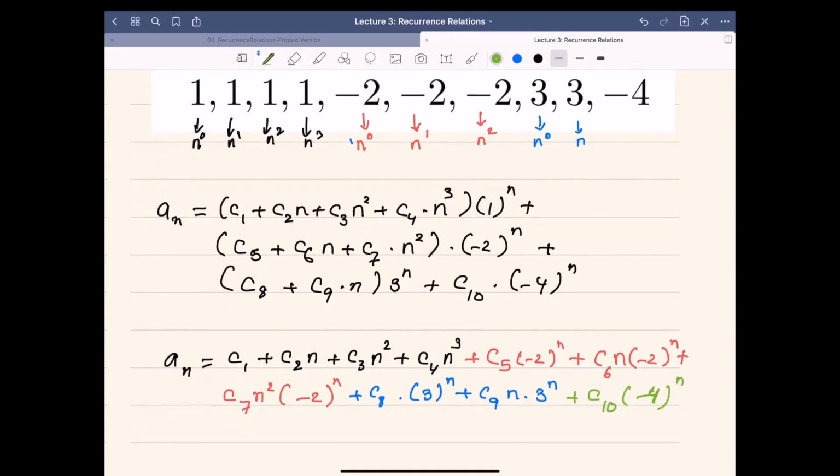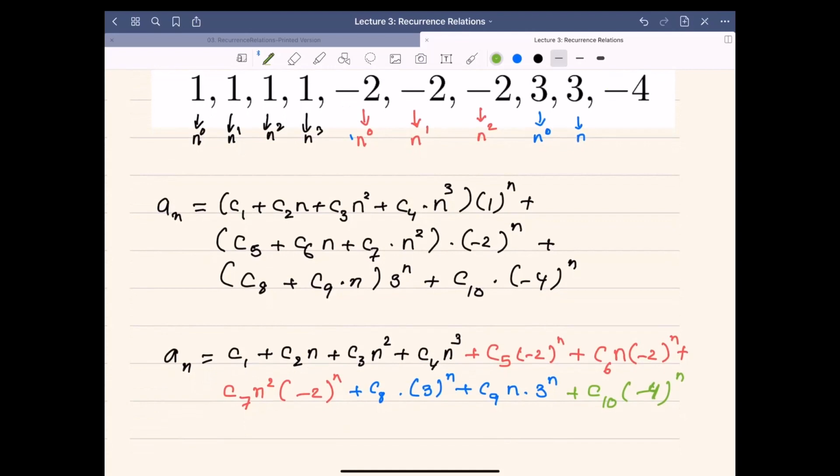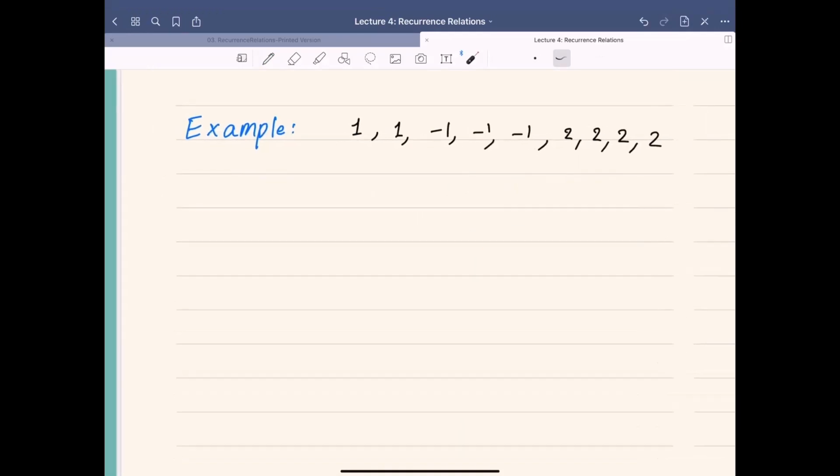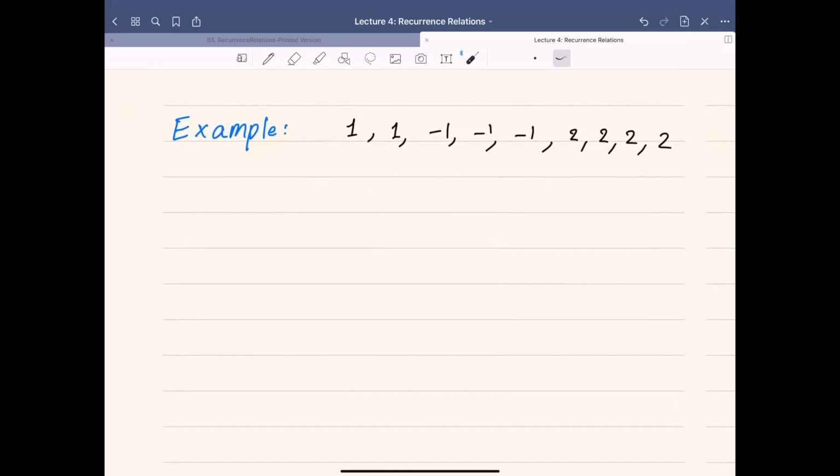And this will give us a constant multiplied by a variable and multiplied by the root in all the terms. As an example, try to find the general solution for a recurrence relation with the following roots. We have 1 repeated twice, minus 1 repeated 3 times, and 2 repeated 4 times.